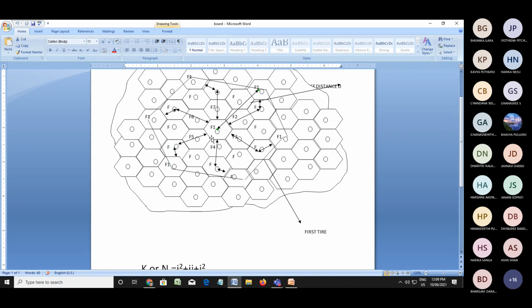From the center, 6 co-channels are there. Suppose interference from this cell to this cell is interference 1. From this cell to this cell, interference 2. Likewise, 6 interferences are present due to co-channels.